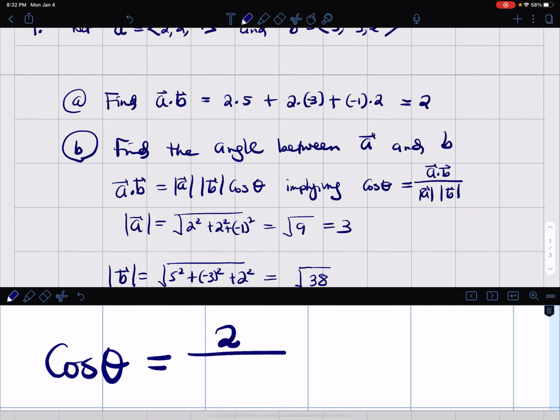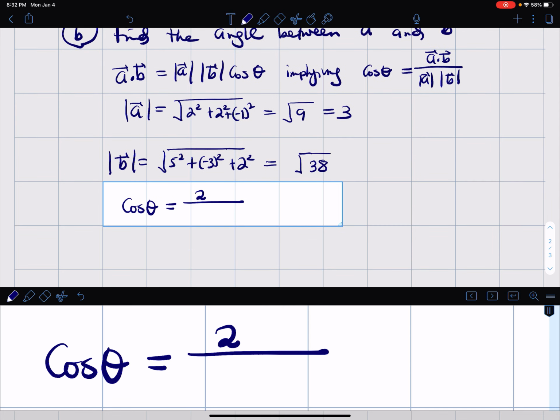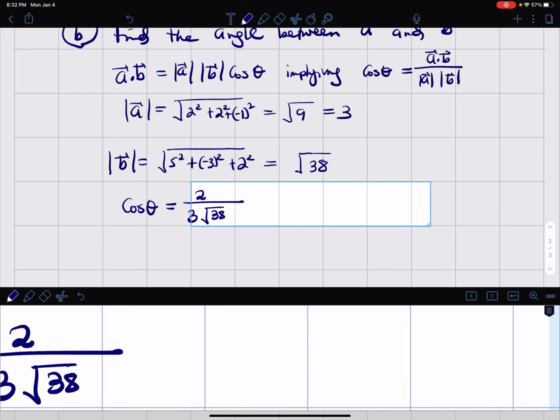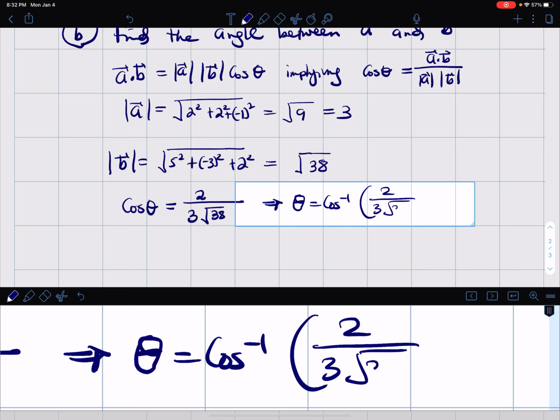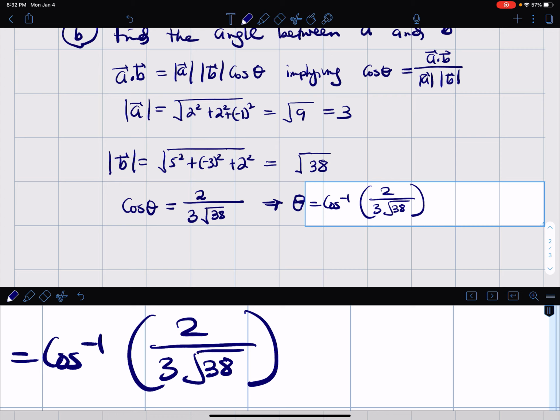We found a dot b to be 2 from part A. Then all over 3, which is the magnitude of a, times square root of 38, the magnitude of b. So to calculate theta, we just take the inverse cosine of 2 over 3 square root of 38. If you do this very well, you get 84 degrees. That's what I got, and I believe my answer is right.